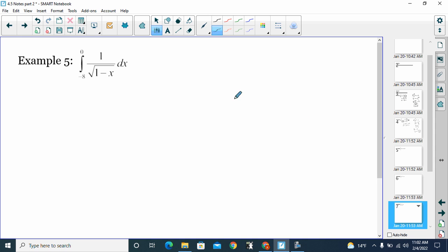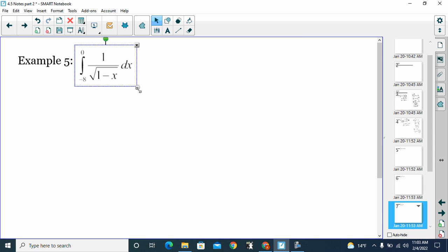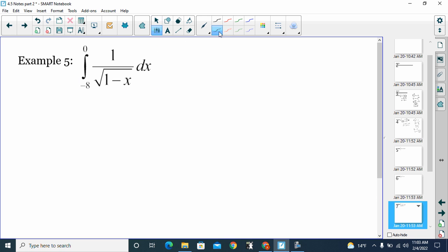Let's do one more here. Let's do this one. It asks us to integrate from -8 to 0 of 1 over the square root of 1 minus x dx. So u is going to be 1 minus x. My du is -1 dx.